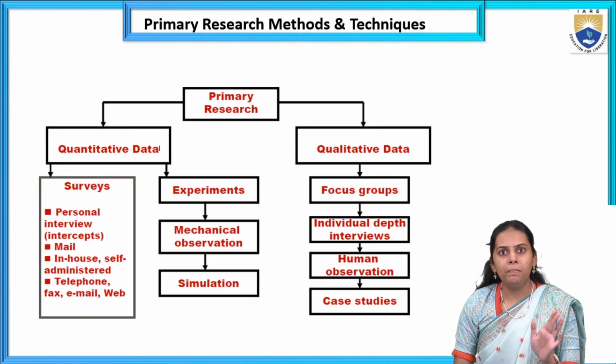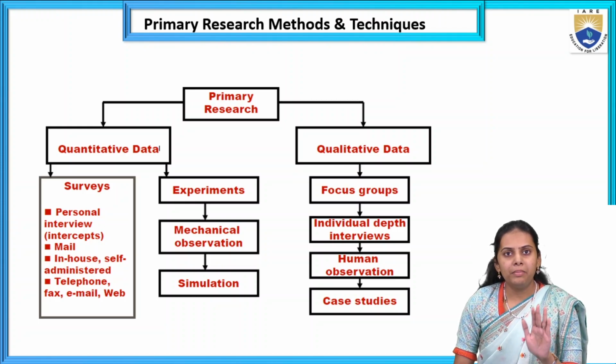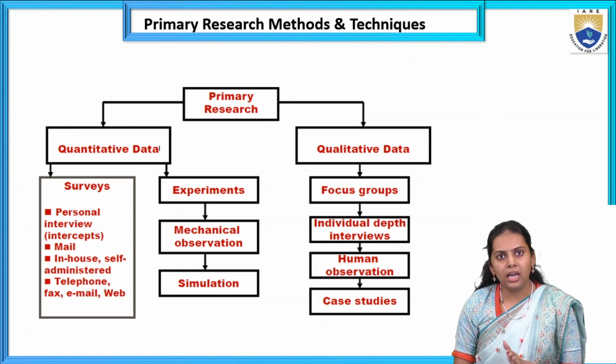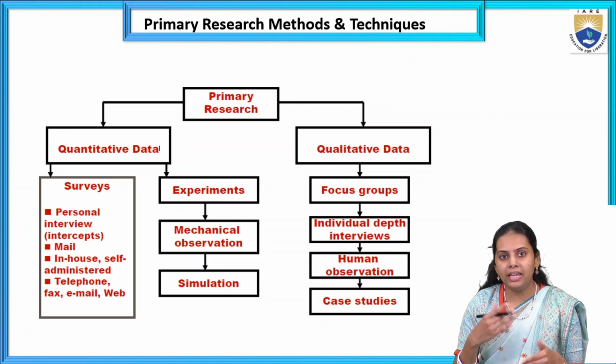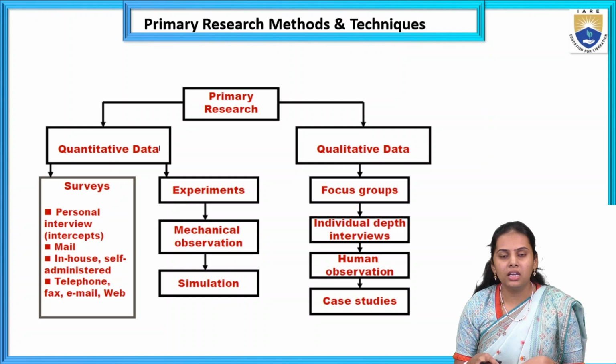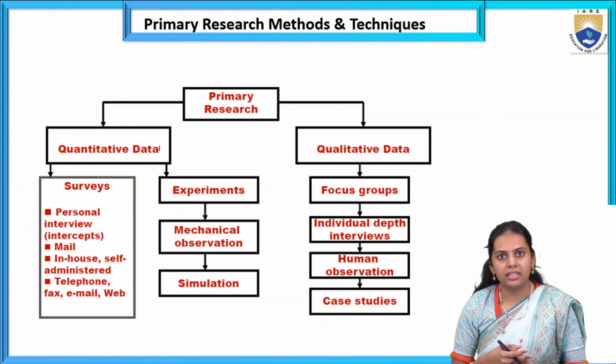This is how primary research happens. Primary research is divided into two types. One is quantitative data and the other one is qualitative data. The quantitative data always comes from surveys conducted by personal interview or through mail, in-house surveys, self-administered surveys, telephone or fax.